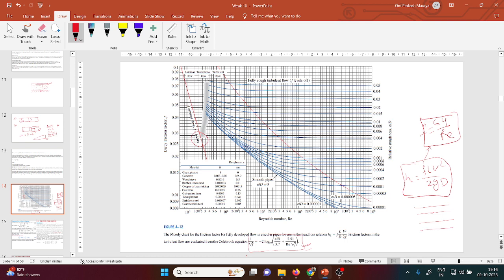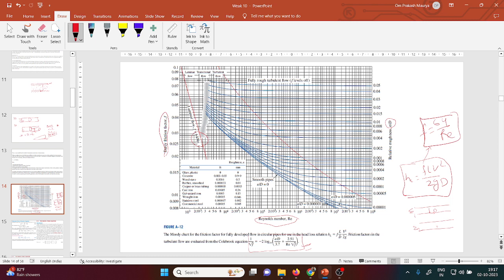So here epsilon means roughness, like E1 and E2, and diameter is D. Here is written the relative roughness, this is your friction factor, and this is the Reynolds number. So combining these things, Moody basically drew the graph of this equation.